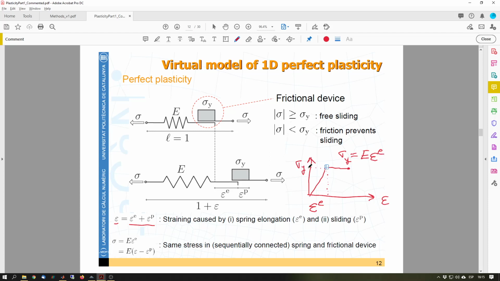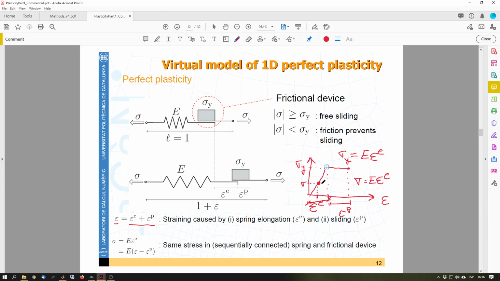This is true at that point and at any point here for different elastic epsilons. That may be another value of elastic strain, and I may get another value of stresses. So this is true everywhere where I'm taking into account not the total strain, but just the elastic strain. At that point, I have this value of my elastic strain plus my plastic strain, the same that I have here.